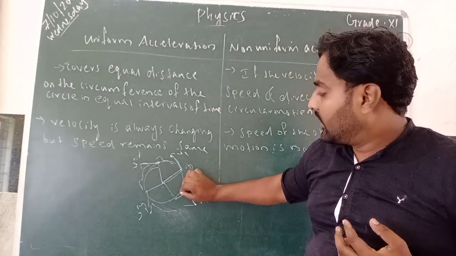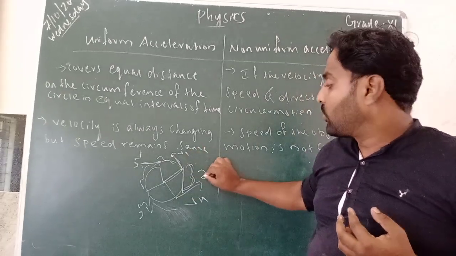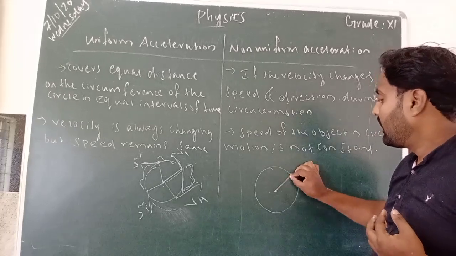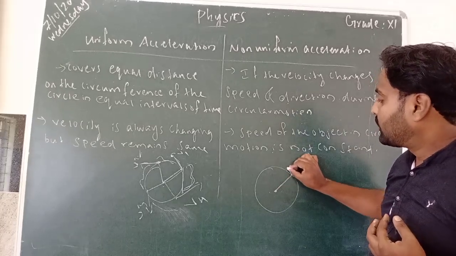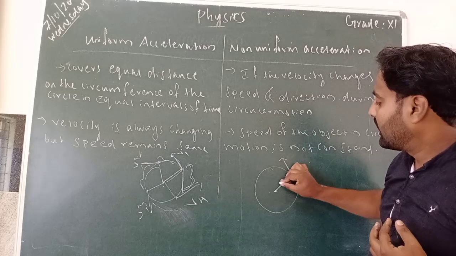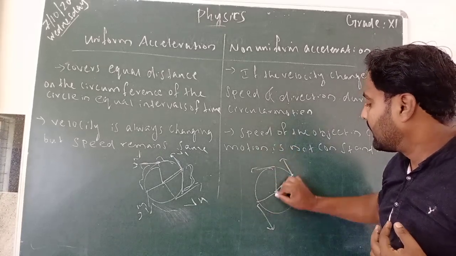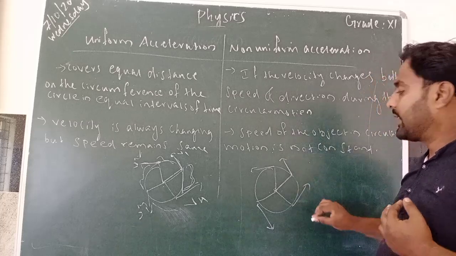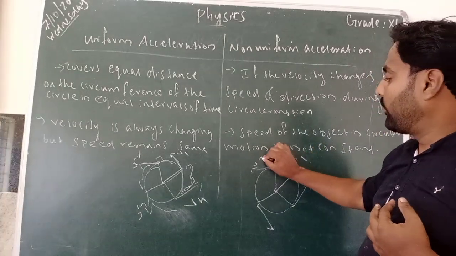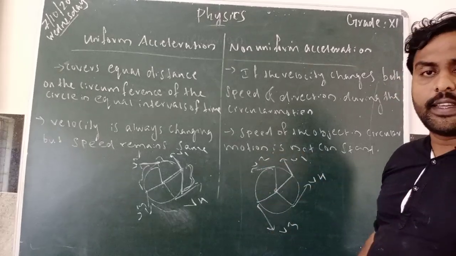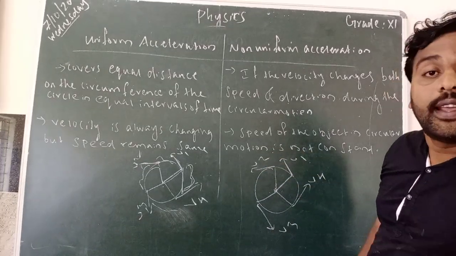Maybe to cover this much distance, it will take 2 seconds. For example, at this position the velocity has this direction, at this position this direction, here this direction. So velocities V1, V2, V3, V4. Velocity is already changing, and speed is also changing.